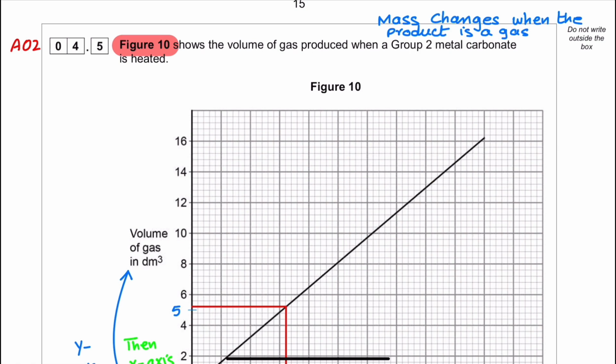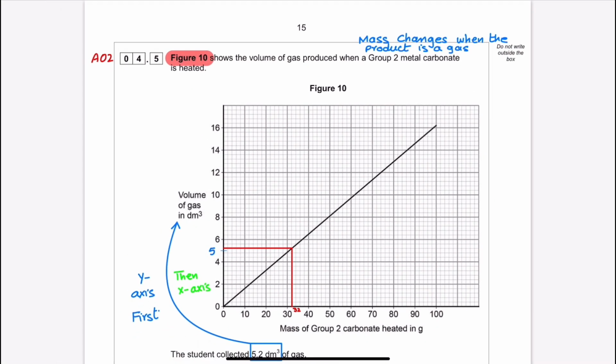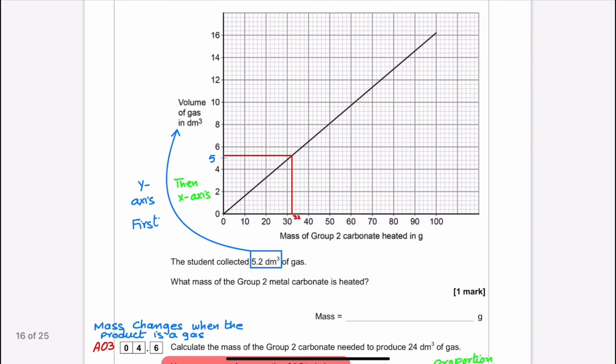In our figure number 10, the mass is along the x-axis in grams, and the volume of the gas produced is in dm cube along the y-axis. The graph is a straight line passing through the origin.